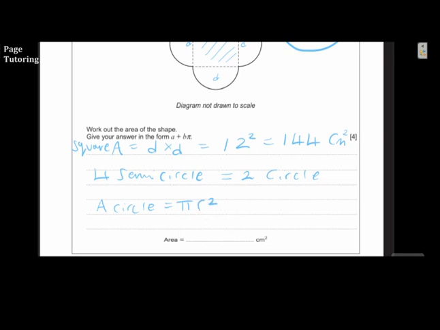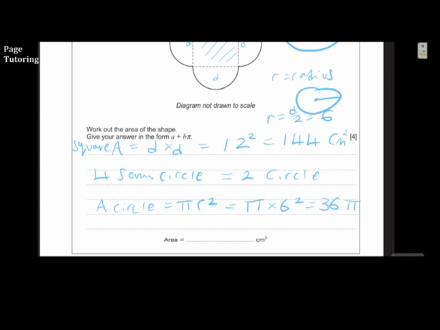So what's r in this case? Well, r is the radius. The radius is shown by a line meeting the edge and going to halfway. So r is half of d, which means it's equal to 6. So each one of our circles is pi times 6 squared, so 36 pi.